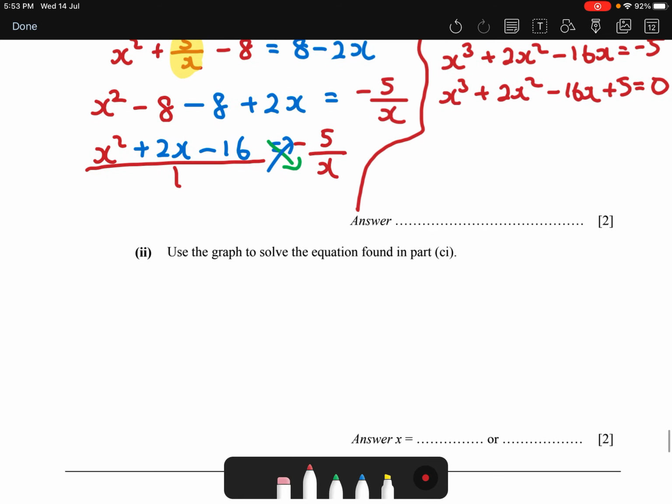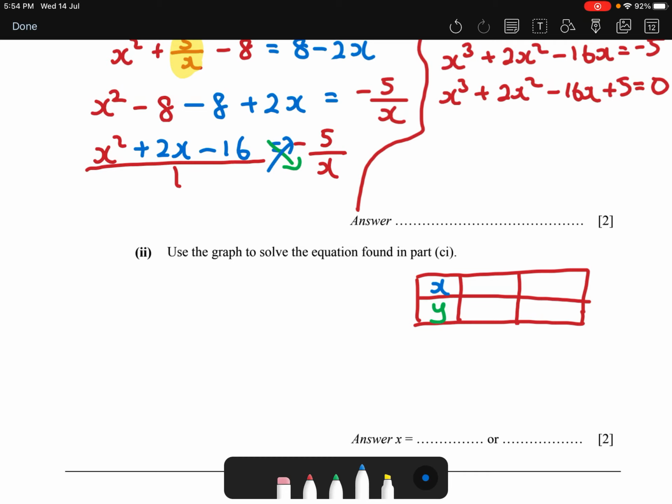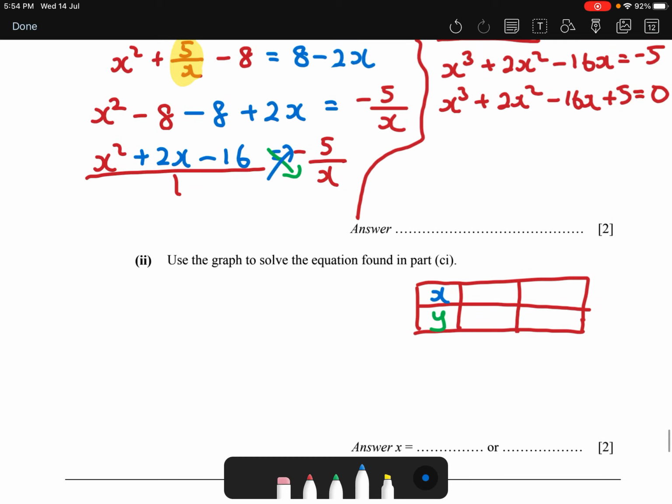You simply draw a table, you put x and y. When you draw a straight line graph, you only need 2 coordinates.